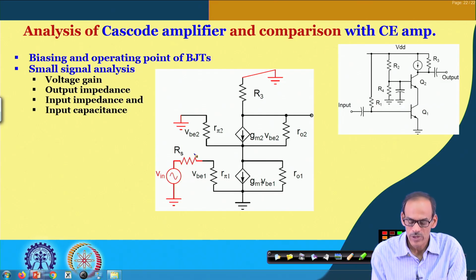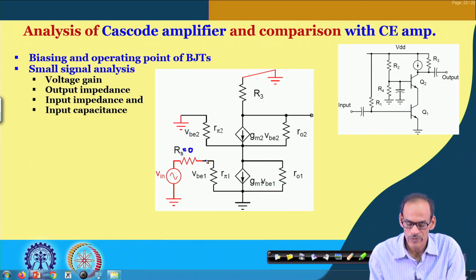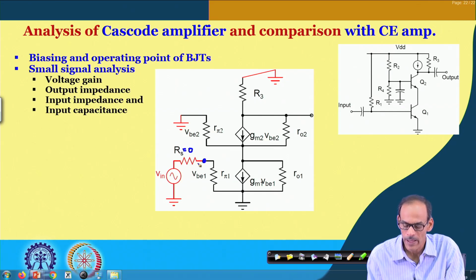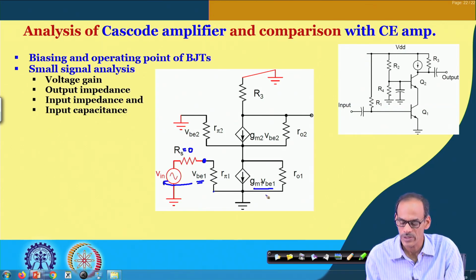For the time being, let me assume that this R s is very small. So V in is directly coming here, and that makes this V BE equal to V in. The voltage dependent current source would have g m into V in, so this is g m1 into V in.